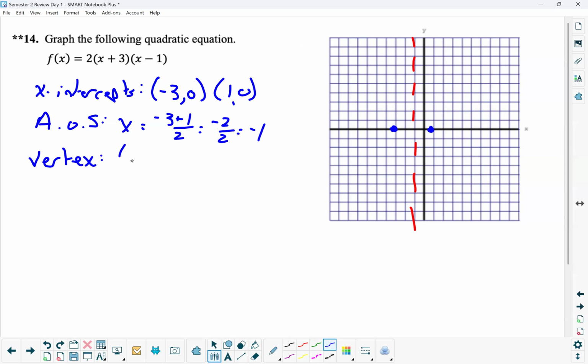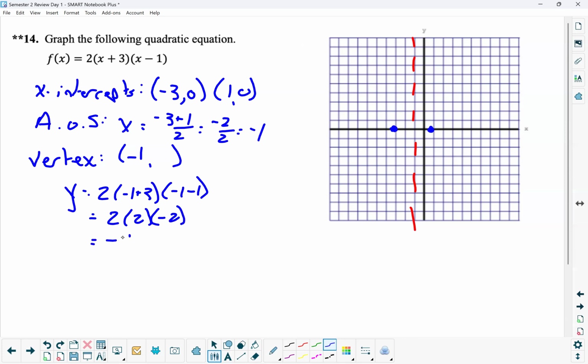To find my vertex, I plug negative 1 in for x. 2 times negative 1 plus 3 times negative 1 minus 1. Negative 1 plus 3 is 2. Negative 1 minus 1 is negative 2. This gives me negative 8.